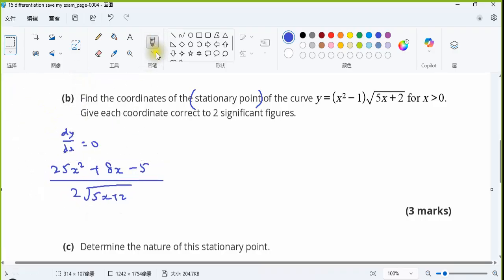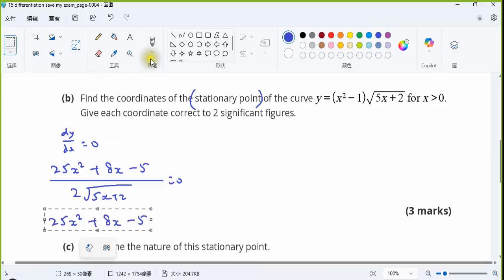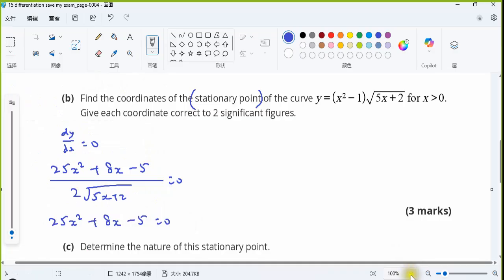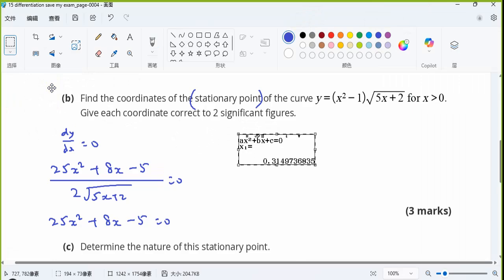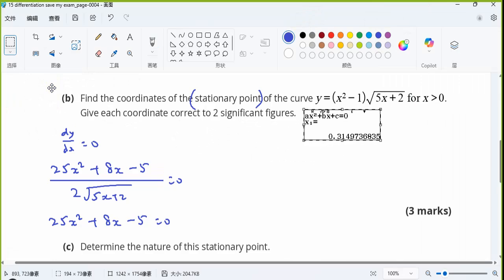So this equal to 0, and we will have this quadratic equation, a polynomial of degree 2, with 25, 8, and negative 5. And then we will have this x1 and x2.